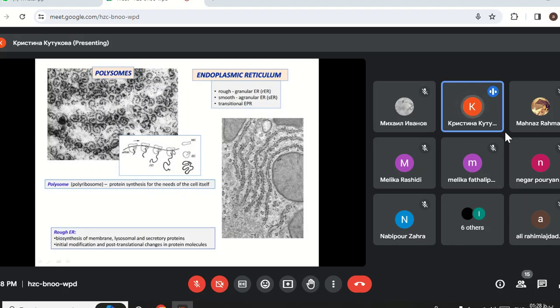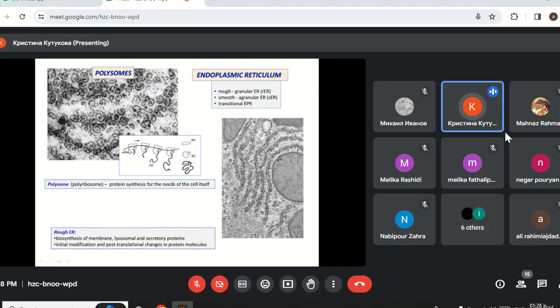Their function is the synthesis of proteins. And when the informational RNA comes from nucleus, then the ribosomes attach to it and they start to produce protein molecules.